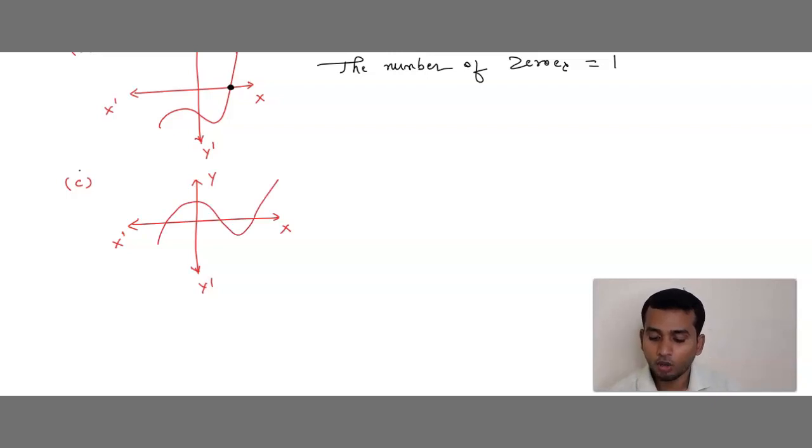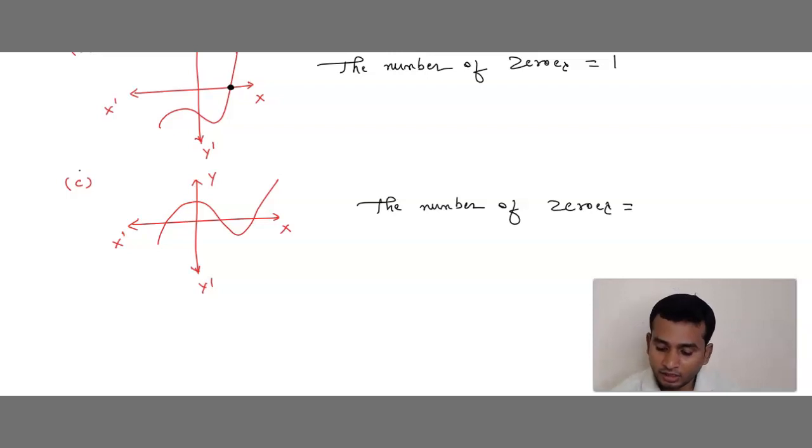How many zeros does it have? We can see it's touching here one time, here one time, and here one time. So it's touching 3 times. The number of zeros is 3.